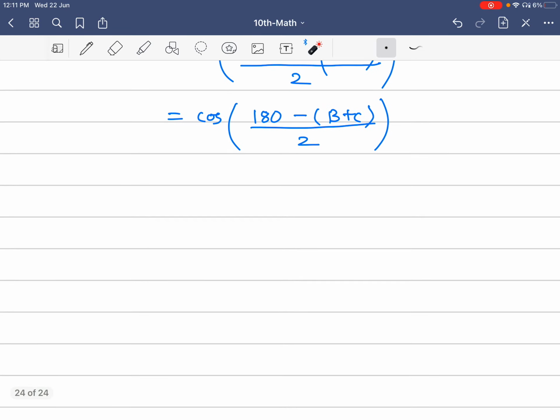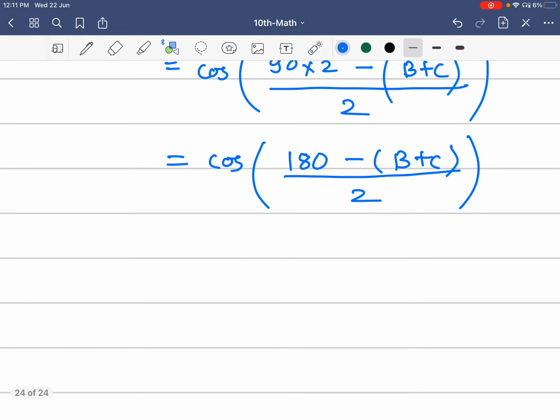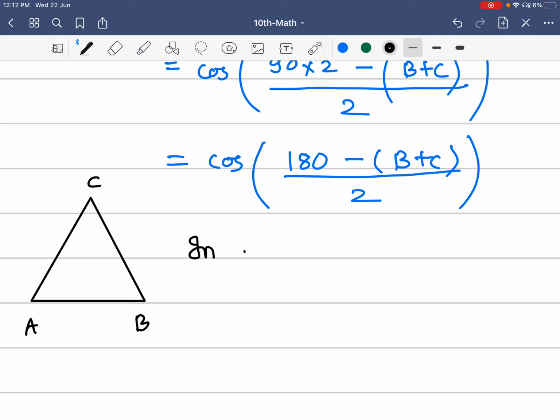So let's try to imagine that there is some triangle, and this is A, B, C. Now we know that in any triangle the sum of all its angles, so A plus B plus C, is equal to 180.